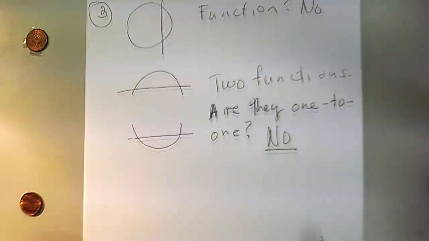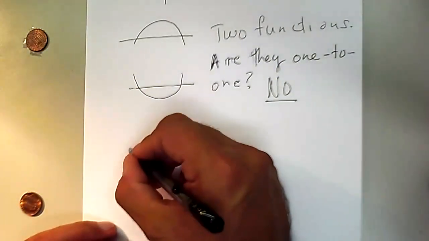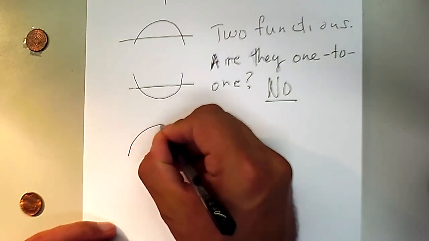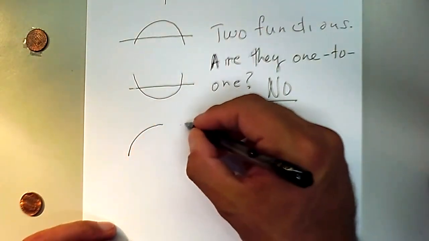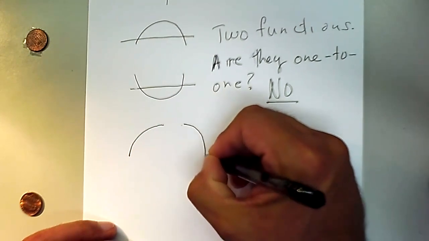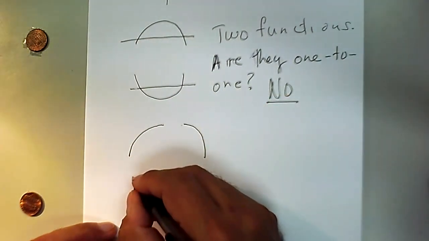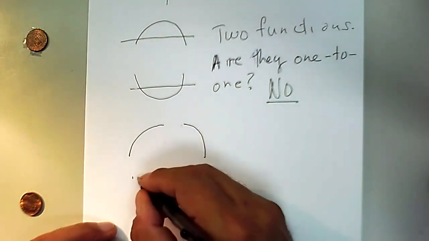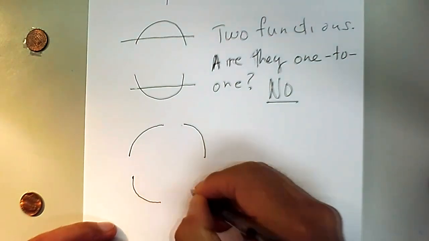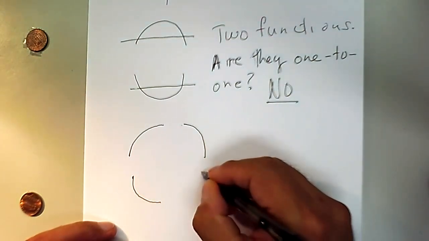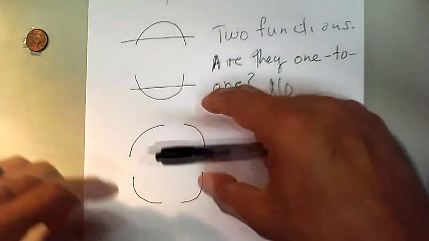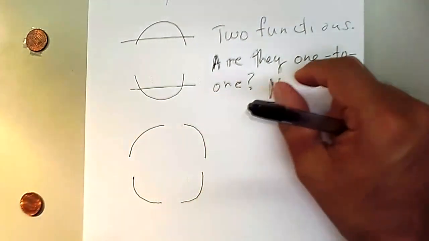Sure. That's interesting. So now we have to have an upper left quarter, an upper right quarter, a lower left quarter, and a lower right quarter. Pretend those are just quarters of a circle.